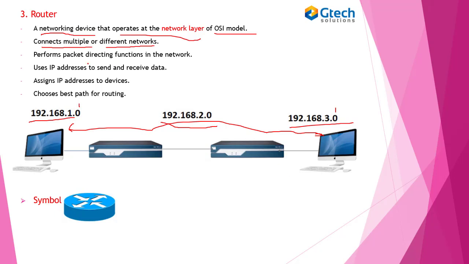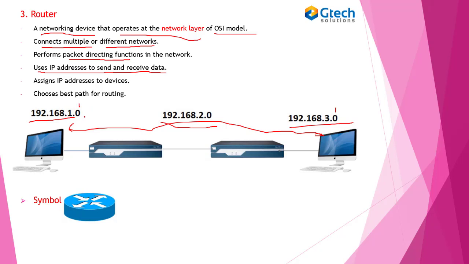Okay, so the router performs packet directing functions in the network. It directs a packet sent from one device to another in the internet. It uses IP addresses to send and receive data, unlike a switch, which uses MAC addresses. A router uses IP addresses to send and receive data.